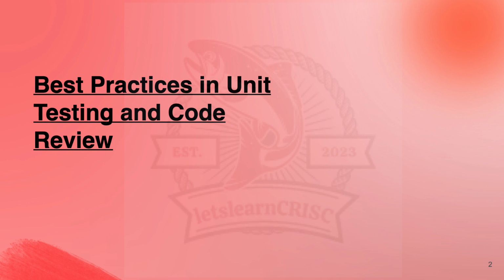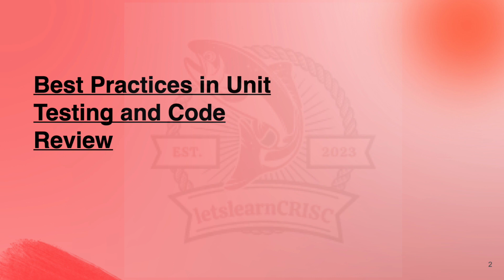First, the best practices in unit testing and code review. Friends, unit testing and code review are essential processes in software development and system maintenance, and these practices help to ensure that individual components of a system work as expected and that code meets quality and compliance standards.